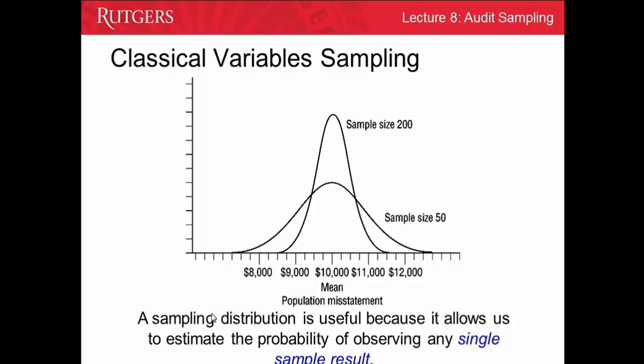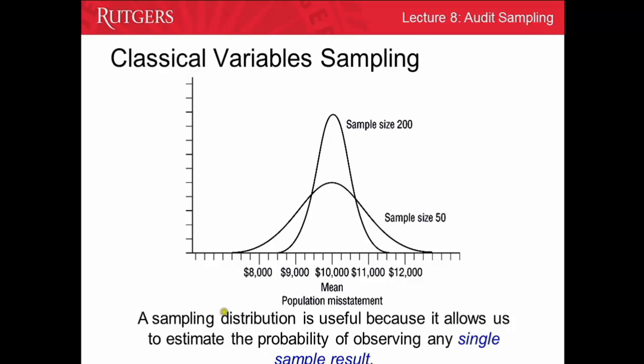Auditors most commonly use classical variables sampling to estimate the size of misstatement. So in this example, let's say that the $10,000 represents the size of the total misstatement in an account or population.